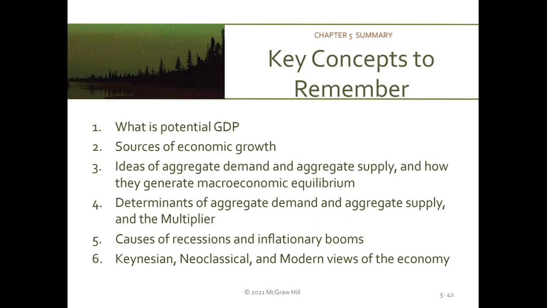Ideas of aggregate demand and aggregate supply and how they generate macroeconomic equilibrium, determinants of aggregate demand and aggregate supply, and the concept of multiplier, causes of recessions and inflationary booms, that is the shifting of aggregate demand and aggregate supply, and Keynesian, neoclassical, and modern views of the economy pertaining to unemployment and inflation.